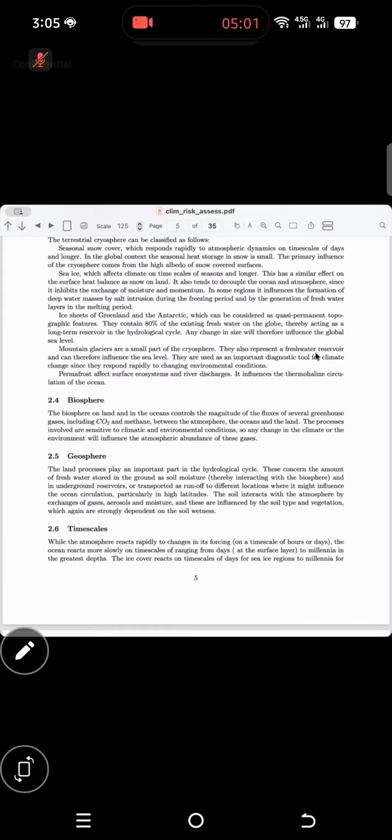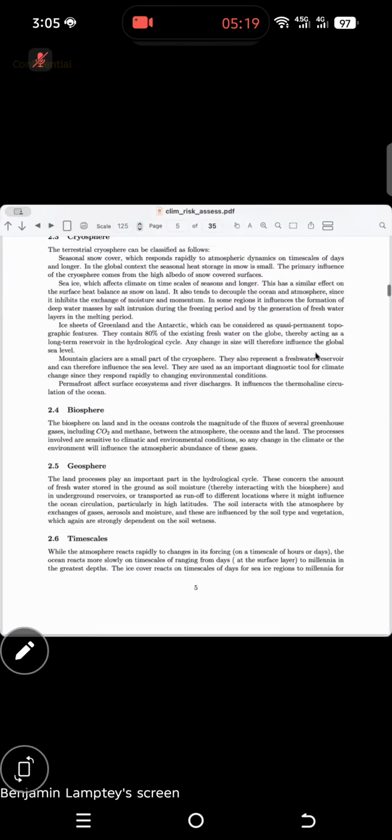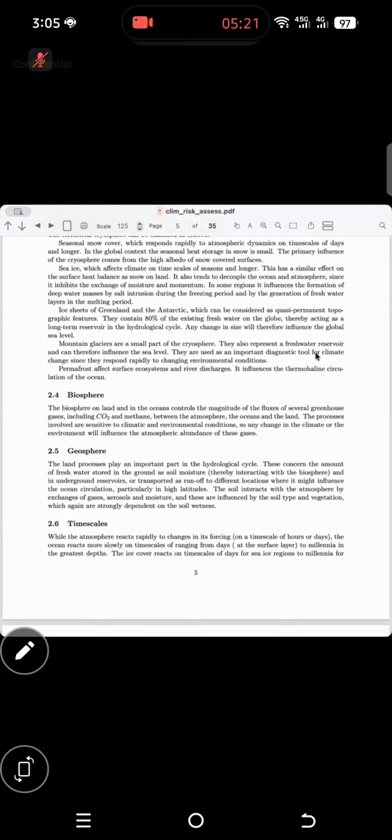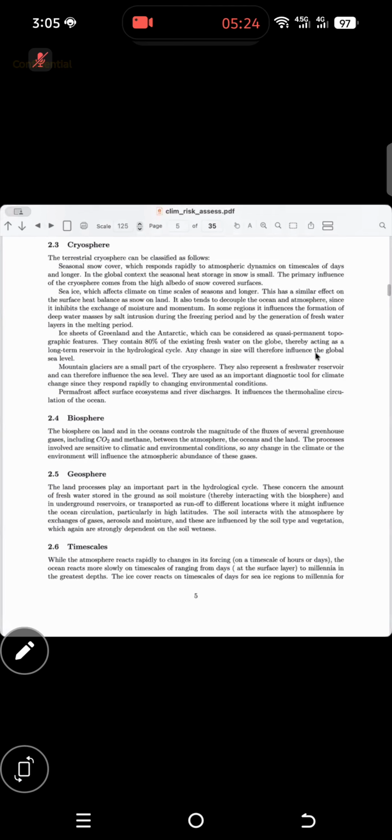So if you have ice on the surface, most of the radiation is reflected back to space. That is the impact the ice causes. We can talk of different types of ice. I have it in the notes, so don't worry. We have seasonal snow cover, the one which comes on land, and we have sea ice.